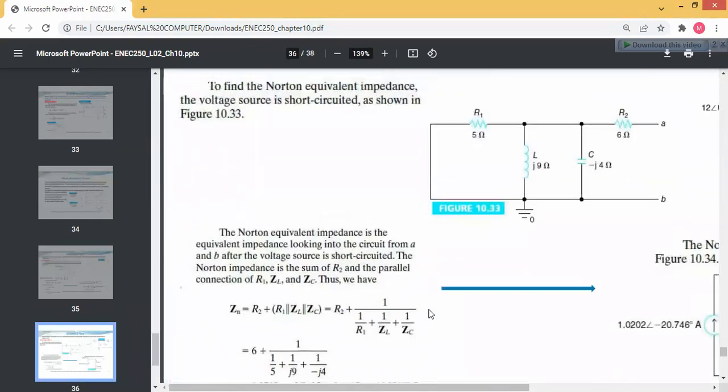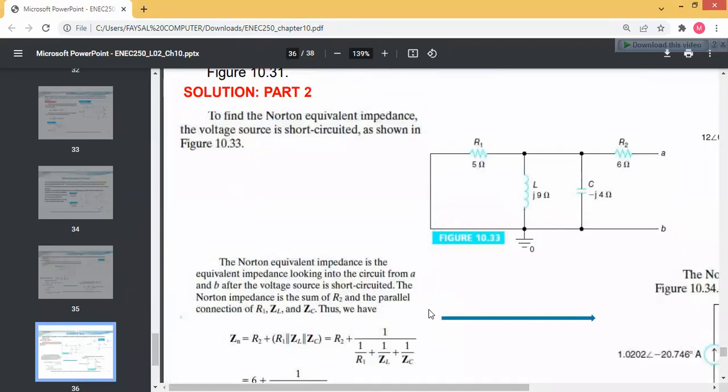Now in part 2, we have to find the Norton equivalent impedance.